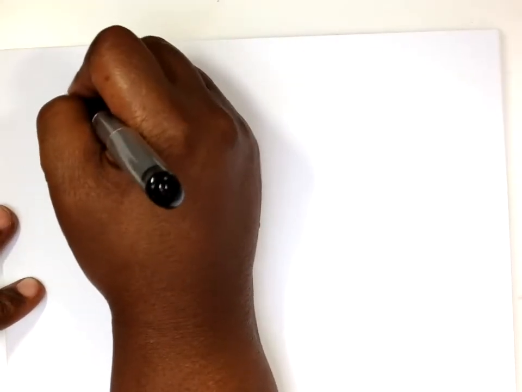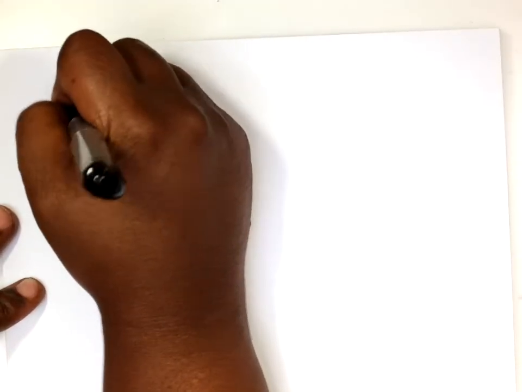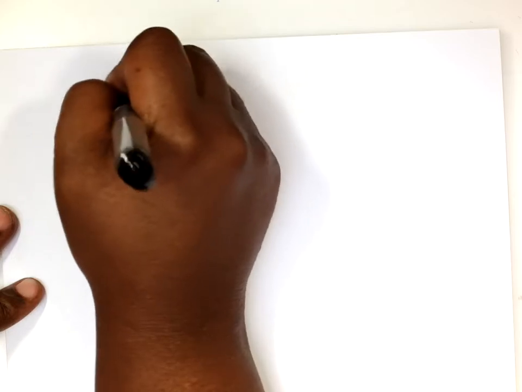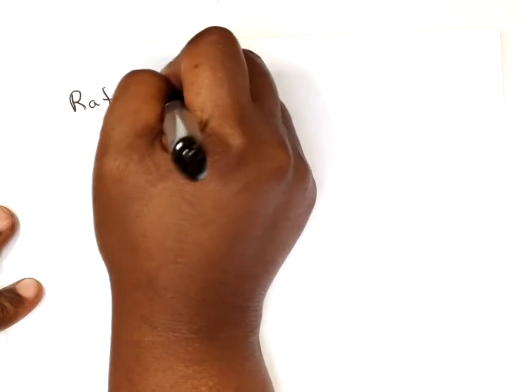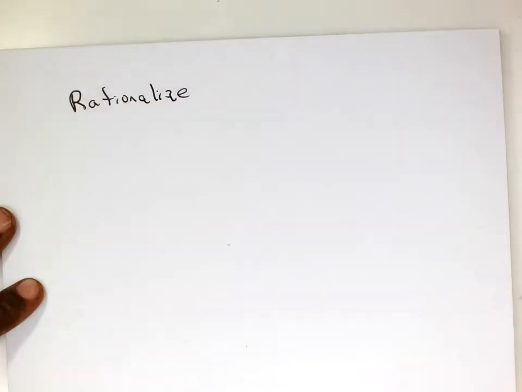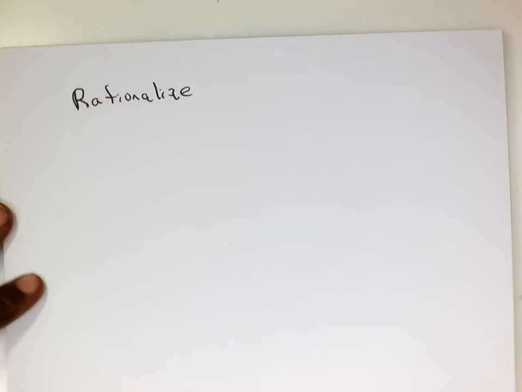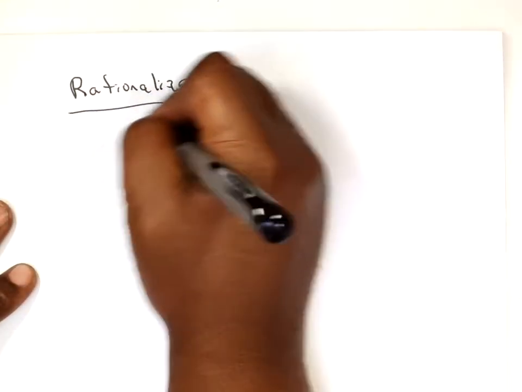And then the last part for rationals is we're going to go back to rationalizing with the radicals. So in the other section, we did rationalizing when there was just one term. If you have more than one term, you're going to use what's called the conjugate.